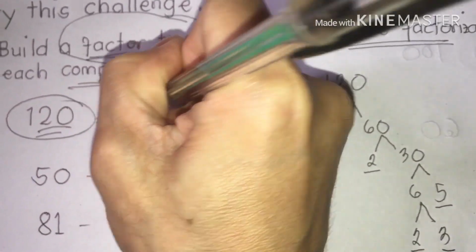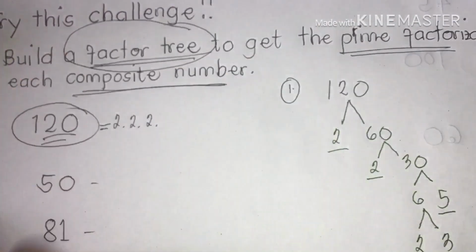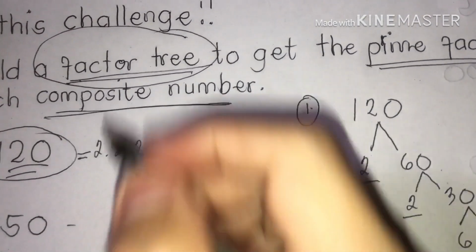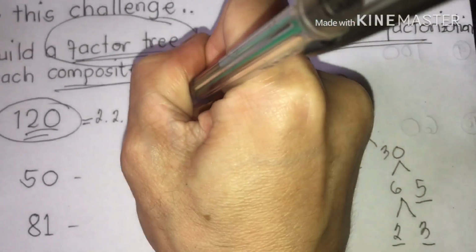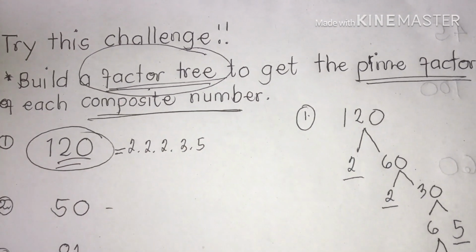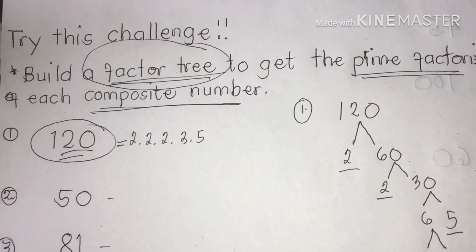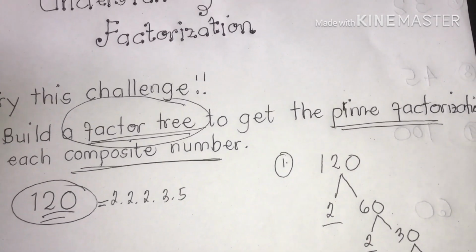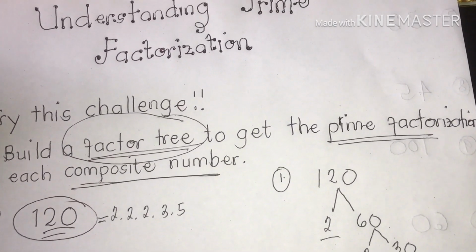We're going to use a dot symbol to make it clean. Next, 3 and 5. When we multiply 2 times 2 times 2 times 3 times 5, the result is 120. Okay, that's very clear. Keep on watching my videos.